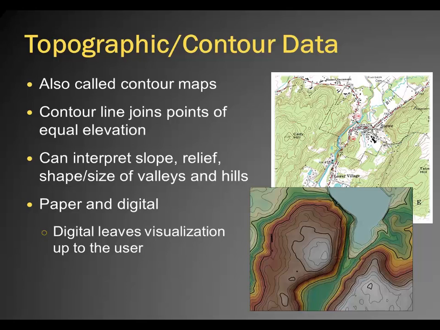When the digital revolution came along, we scanned in these topographical maps, took off the contours, and used the contours to create this digital elevation model. So you want to understand its origins. The reason for contours is that they're an easy way to represent a digital elevation model. It's hard to see a checkerboard of elevation, but it's quite easy to see a contour, which is a line of equal elevation.